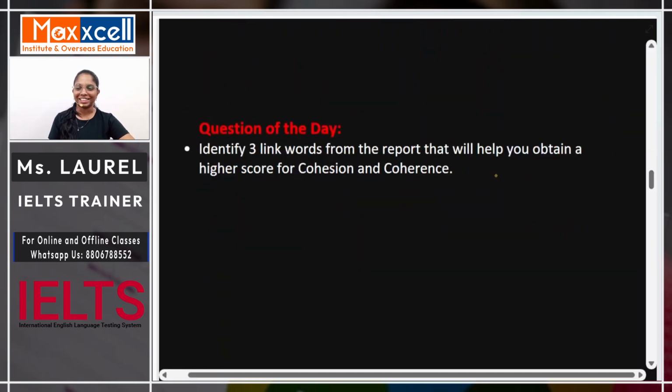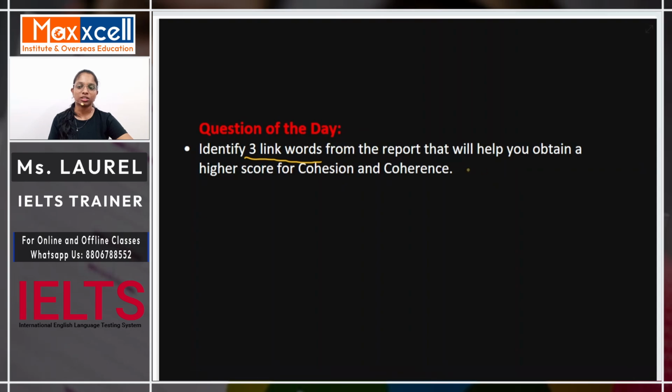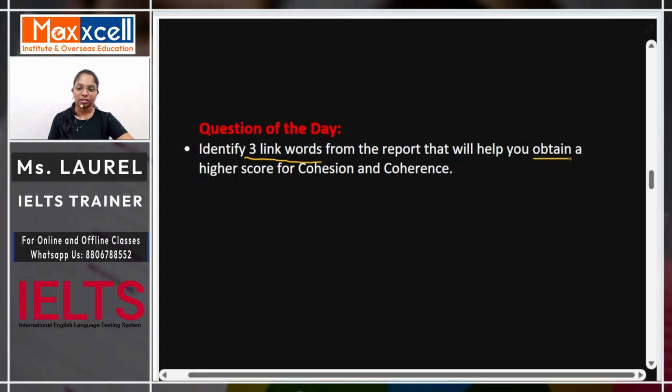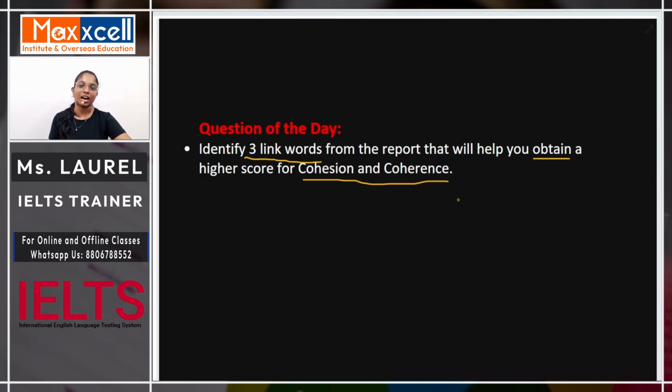Now for the question of the day, you need to identify 3 link words. From the entire report, you need to identify 3 link words that will help you obtain a higher score for cohesion and coherence. If you don't know what coherence and cohesion are, you need to check out our writing band descriptors, which are basically the judging criteria for the writing section.